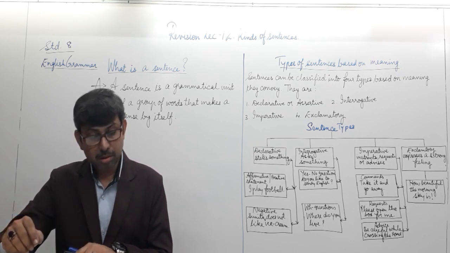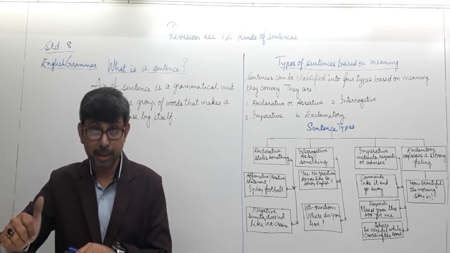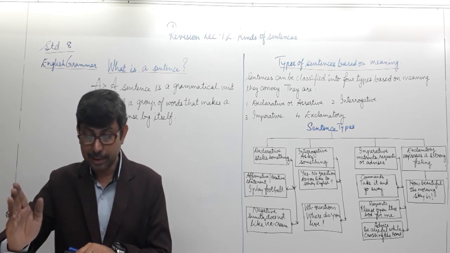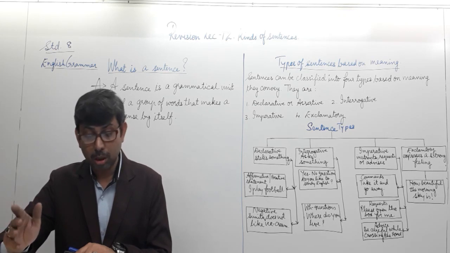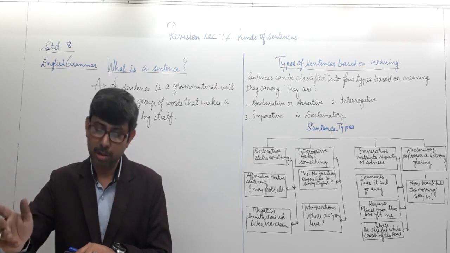Write S, Q, E, C or R to indicate what the sentence is. If it's a statement, we have to write S. If it is a question, we need to put the symbol Q. If it is an exclamatory sentence, then we need to write the letter E. And finally, if it's a command or a request, we need to write C and R respectively.